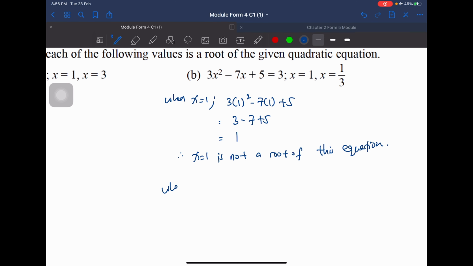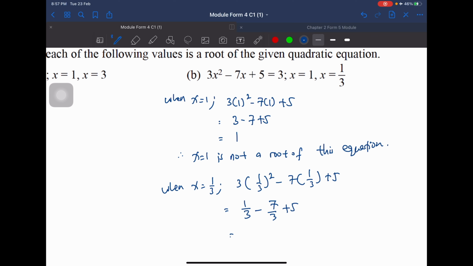So let's try the second value. When x equals 1 over 3, 3 times 1 over 3 squared minus 7 times 1 over 3 plus 5. So 1 over 3 squared is 1 over 9, times 3 is 1 over 3, minus 7 over 3, plus 5.